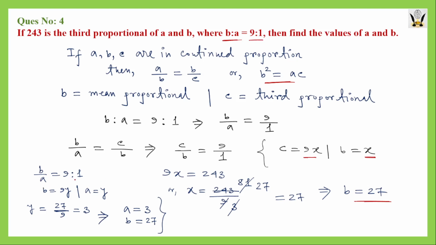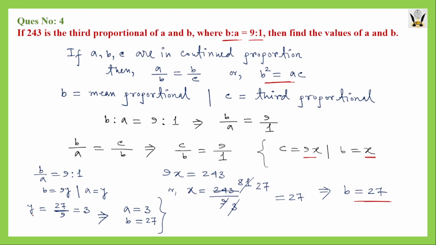So now if we assume that the common factor between b and a is y, then we can easily write, as per the concept that we know, that b will be equal to 9y and a will be equal to y, and the value of b that we have found is 27. So 9y will be equal to 27.